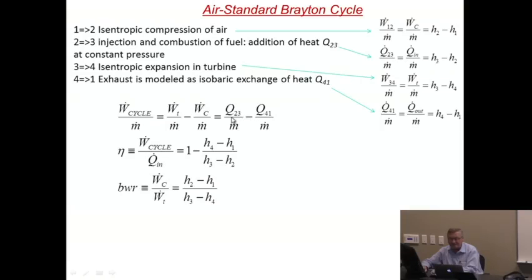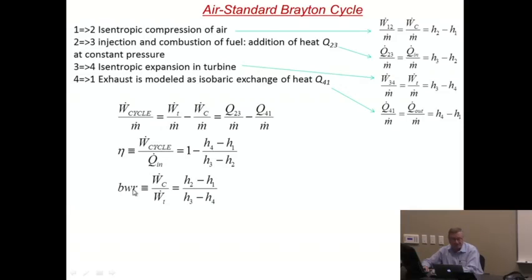So you replace this Q23 minus Q41 by H3 minus H2 minus (H4 minus H1), and you have to divide by Q in, which is H3 minus H2. So here you're going to have H3 minus H2 minus (H4 minus H1) divided by H3 minus H2, which I can simplify to 1 minus (H4 minus H1) over (H3 minus H2).